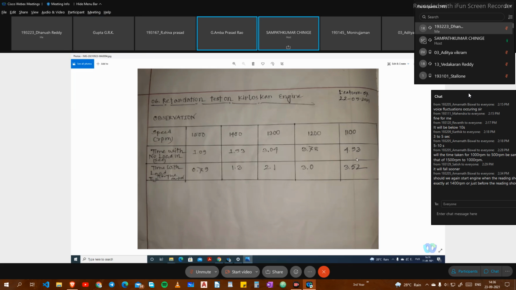Exactly, around 3.0. 3.84 seconds. See, when load is applied, you see the values are so small. 0.79 to 3.5. Initially itself it is very low.